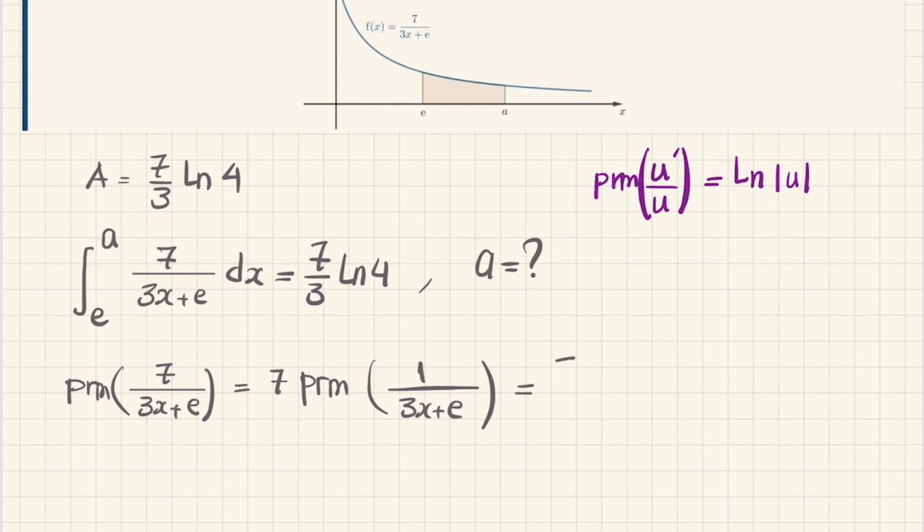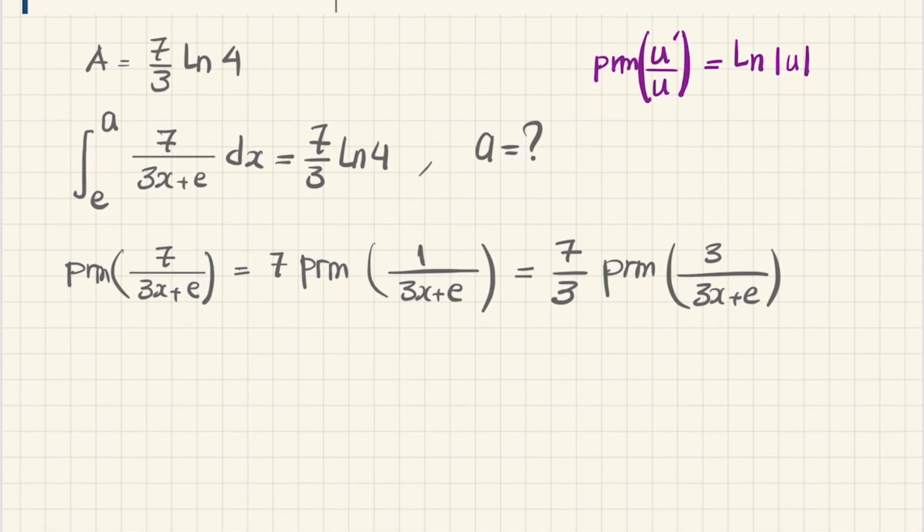So what I can do, I can divide by 3 and multiply by 3. Yes? And now everything is in order, because 7 over 3, and instead of that, I can write 3x plus e derivative in the numerator. Do you agree with me?